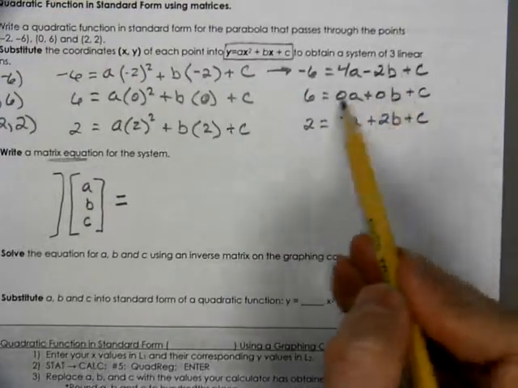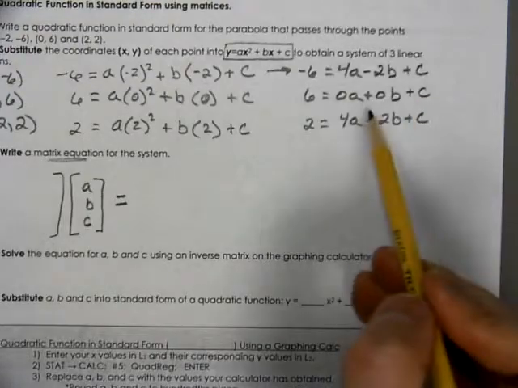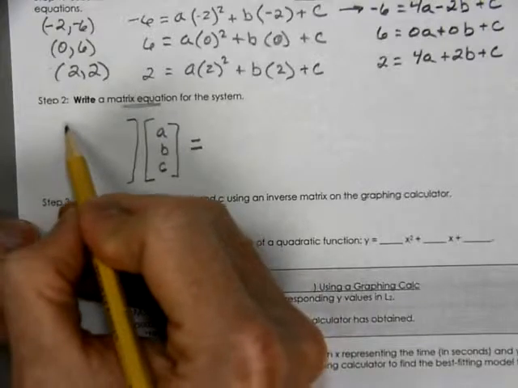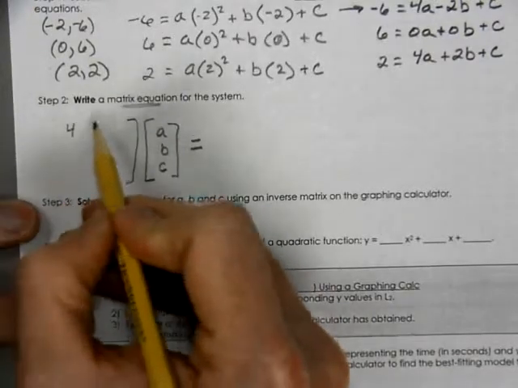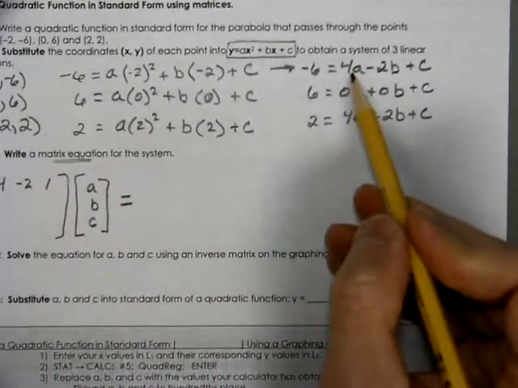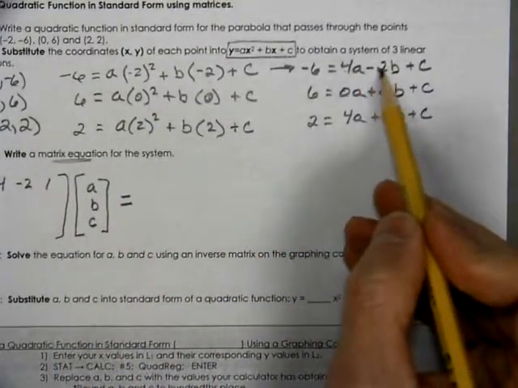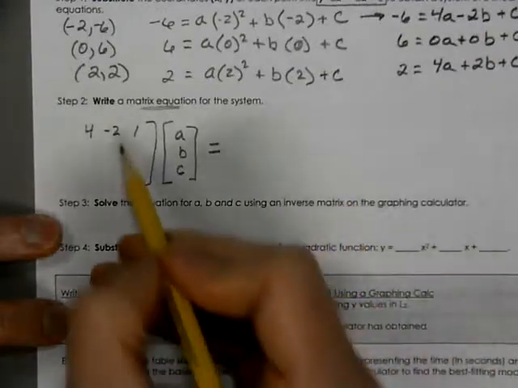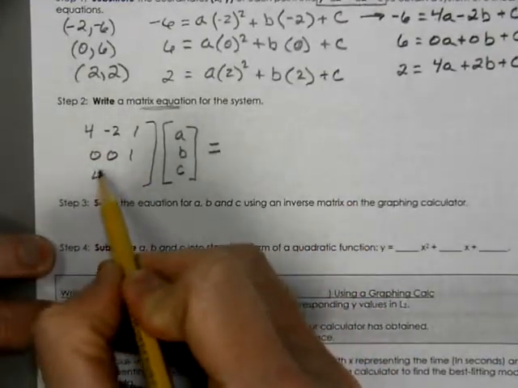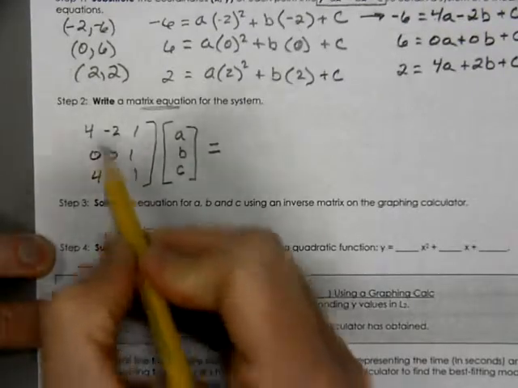We're going to take the coefficients from our equations up here and put them into our matrix. So we have 4, -2, and 1, because in our first equation we had a 4, a -2, and a 1. 0, 0, and 1, 4, 2, and 1.